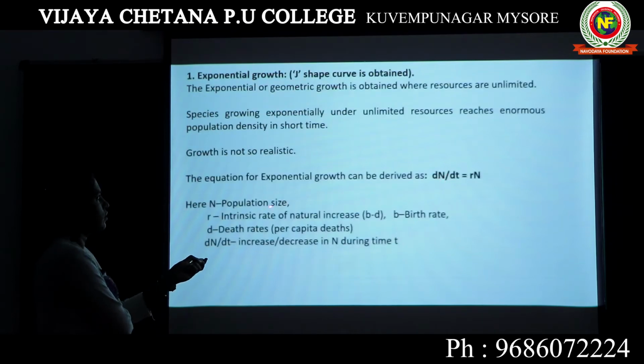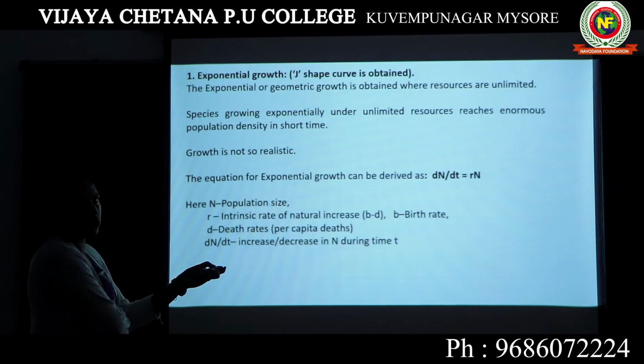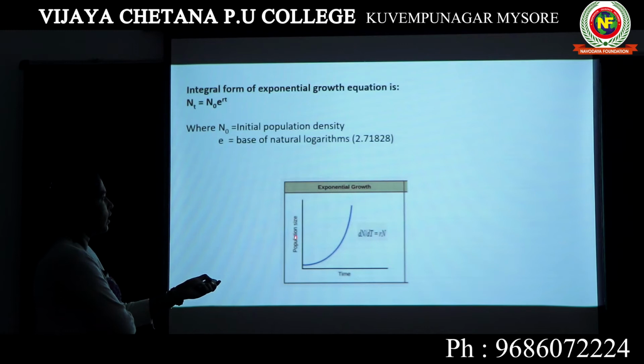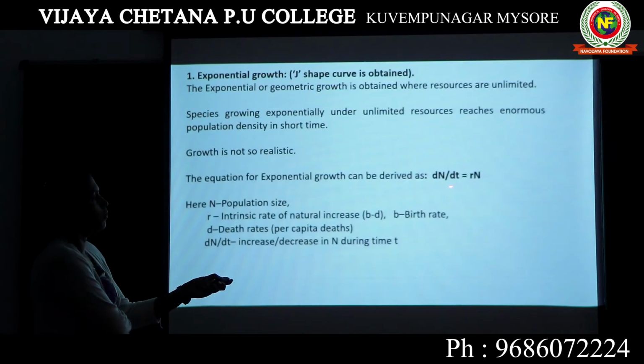Population size. Here we are making use of integration. What is t? Time. So this is N, population size, and this is t, time. So we are plotting this. dN by dt, population size per time, is equal to rN.